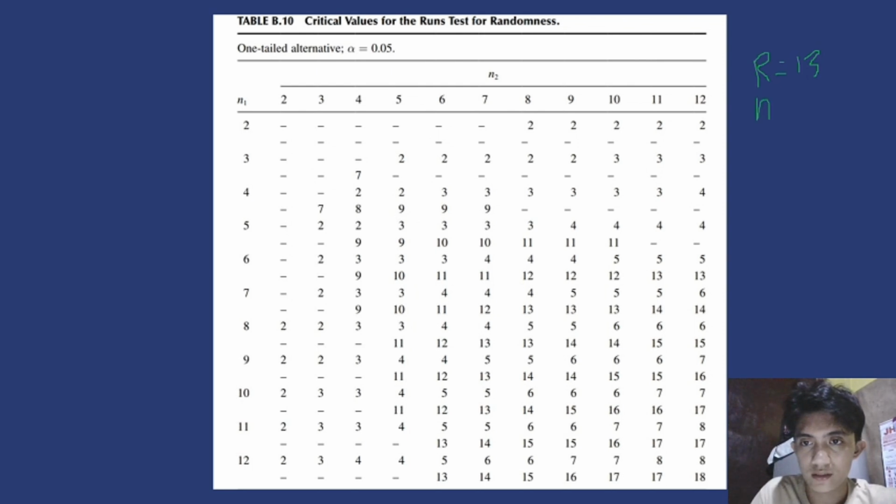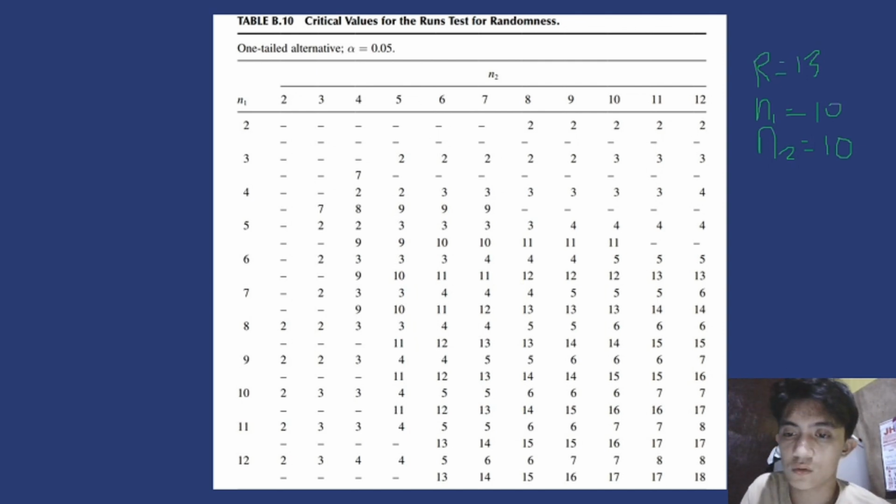Our n sub 1 and n sub 2 are both 10. Now, this is the table of critical values for the runs test for randomness, with alpha equal to 0.05. This is the table that we're going to use for small data.